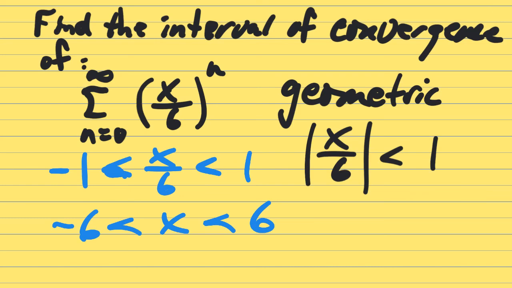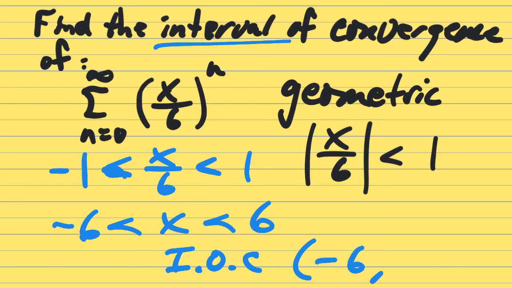At this point, our interval of convergence is from -6 to +6. But you're also supposed to check the endpoints to see whether or not, if the endpoint is subbed in for x, that series will converge or diverge.